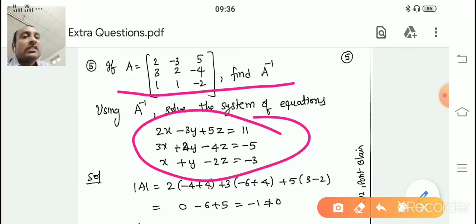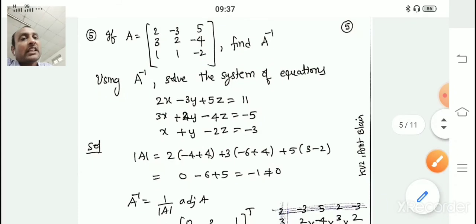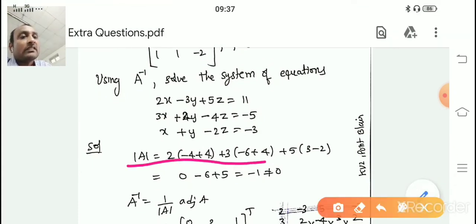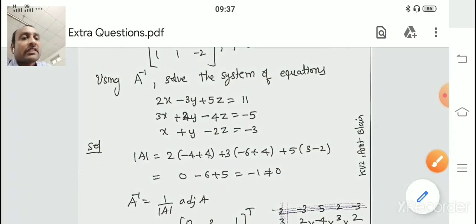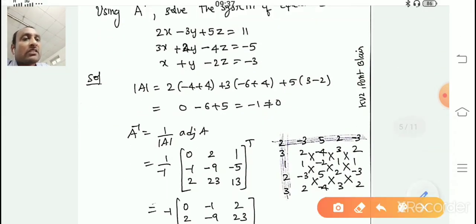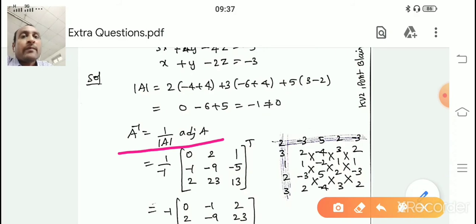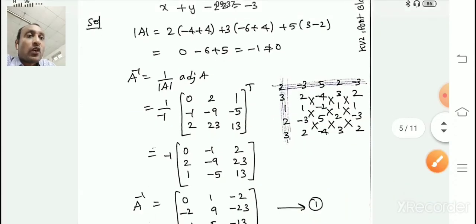To find A inverse, first find the determinant. If it is not equal to 0, hence A inverse exists, then we find A inverse using the usual method I explained in earlier classes: A inverse is equal to 1 by determinant of A into adjoint A. Hope you know how to find A inverse.